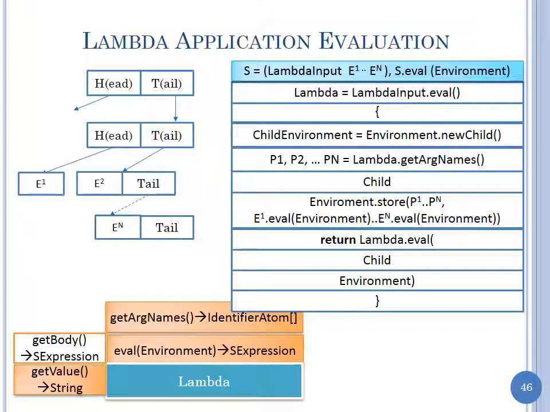What operations does the Lambda object have? Does it have a car and cutter? What other operations does it have? Get args, okay. And what else does it have? Your cache should be totally populated. I just explained that 3 minutes ago.